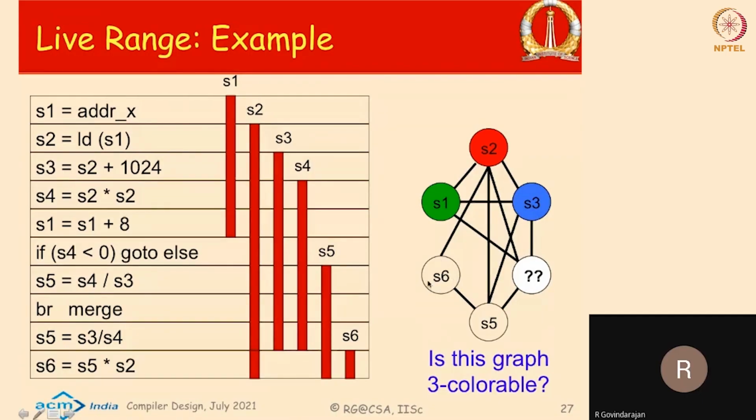I can remove S6 from this graph and only have a graph of S1, S2, S3, S4 and S5. And if the remaining graph is 4 colorable, then the original graph is also 4 colorable. This is actually true even for 3 colors. For example, if I remove S6, which has only 2 edges, and the remaining graph is 3 colorable, then the original graph is also 3 colorable.